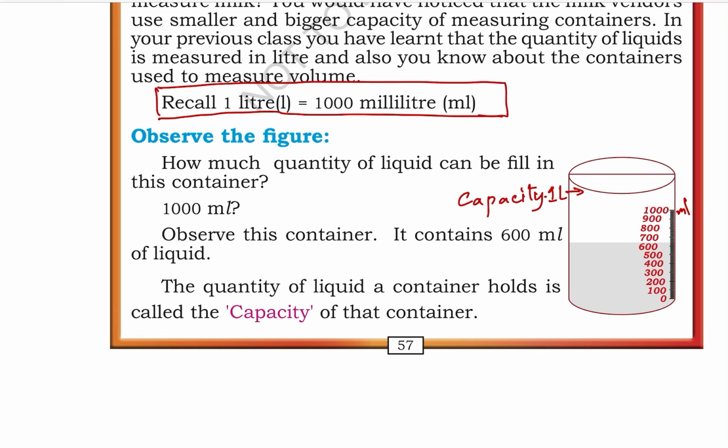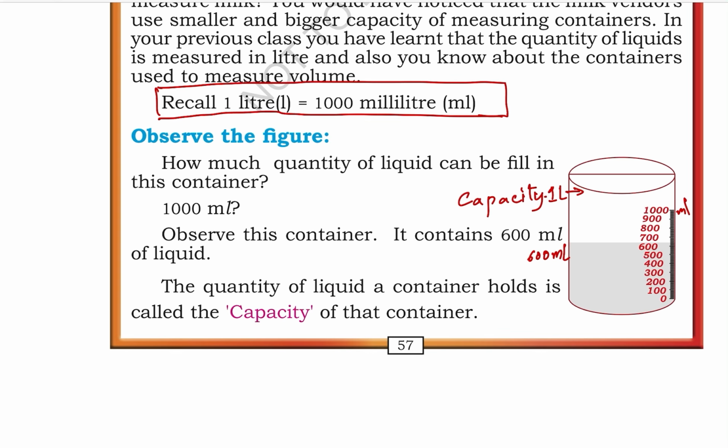It reads 600 ml. Now the capacity, I want to explain you something, so I am saying these things. Now the capacity of this container is 1 liter and the liquid inside the container is 600 ml.